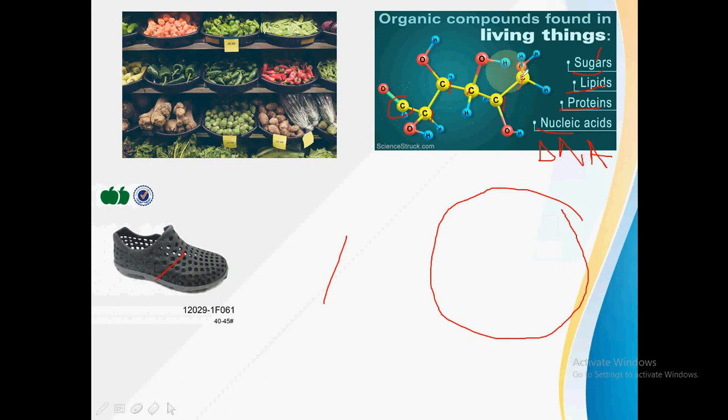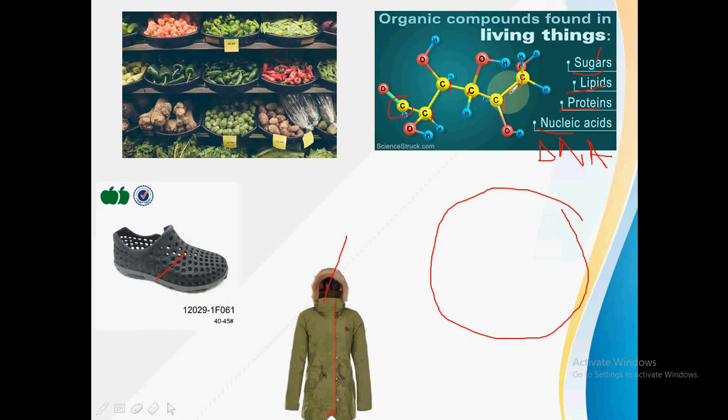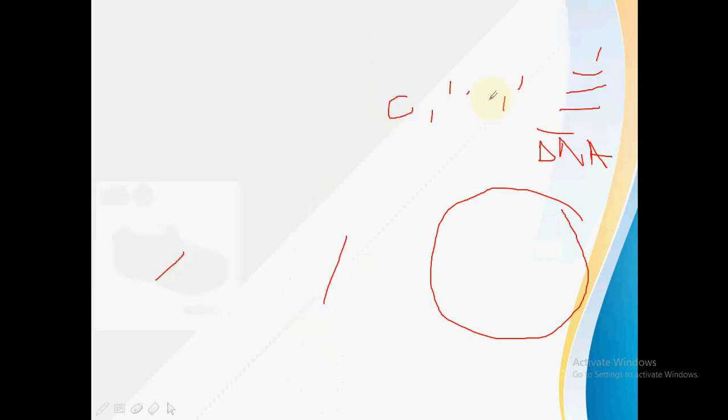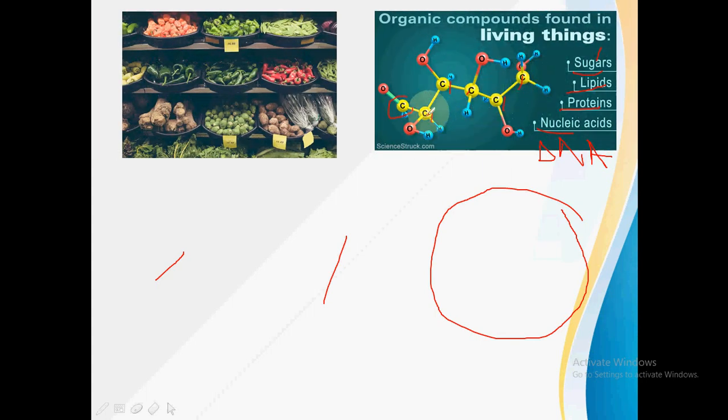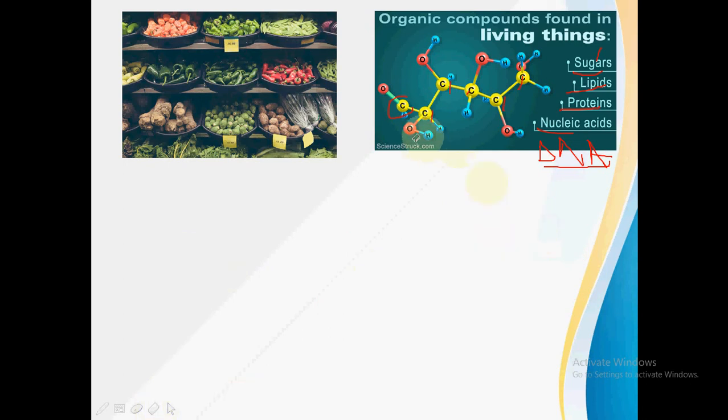Through this arrangement of bonding carbon atoms to itself, we can form a large molecule, like the molecule of DNA that is found in our cells, which contains the genetic information that is passed on from generation to generation. So every cell contains that DNA.